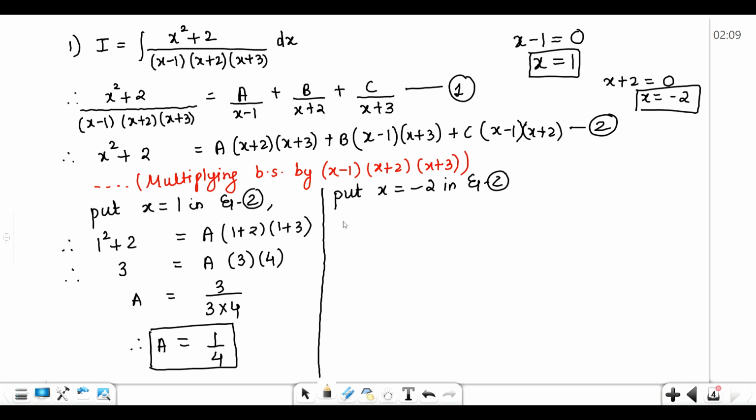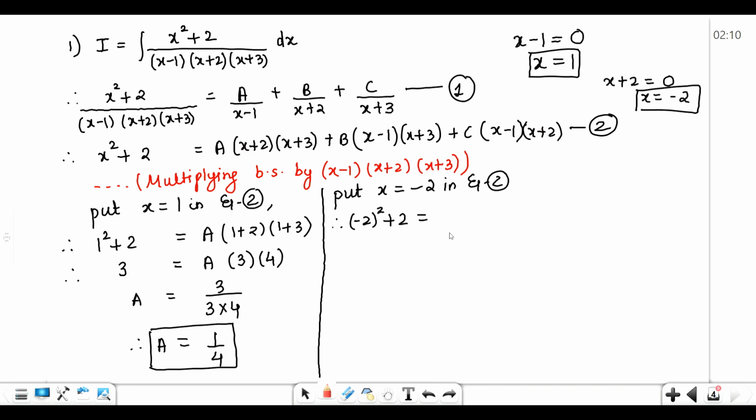That will give you minus 2 square plus 2 is equal to... now in this case what we see here is we have this x plus 2. So here it will be 0 and here it will be 0. So 0 multiplied by a and 0 multiplied by c will give you 0. The only thing that is remaining is the part b. So you are getting the value of only b here.